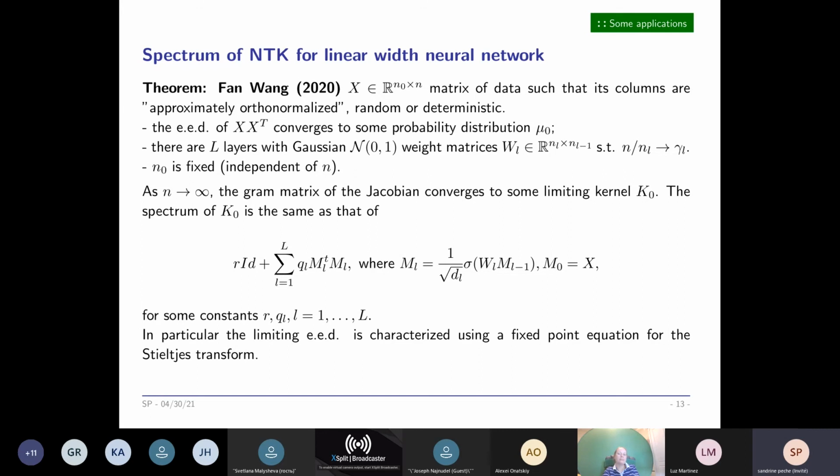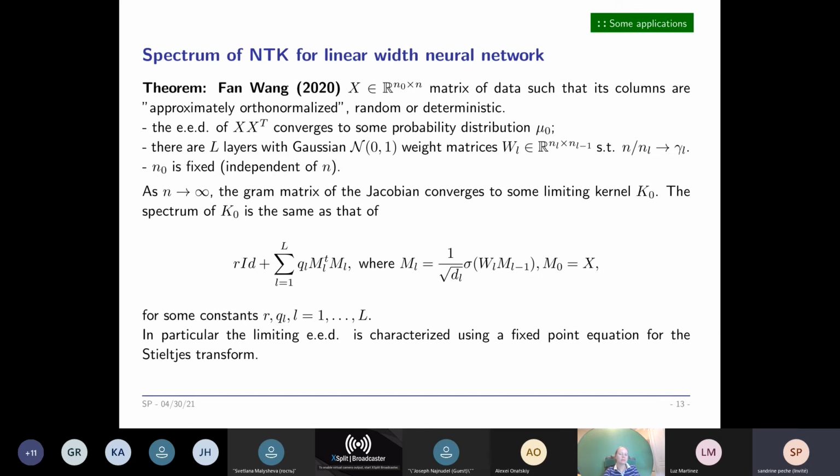And I need to mention one more thing, that we will perform gradient descent. There will be learning, but only after layer N. We don't learn the first layers, but just the last one.